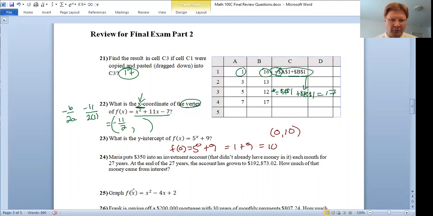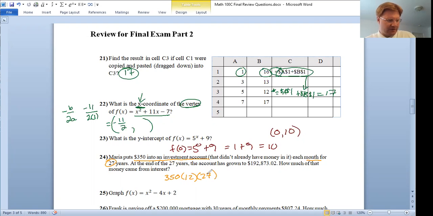Number 24, Maria puts $350 into an investment account that didn't already have money in it. Okay, good. So it started with 0, each month for 27 years. At the end of 27 years, the account has grown to a lot of money. How much of that money came from interest? Well, we know that she put in 350 times 12 every month for a year for 27 years.